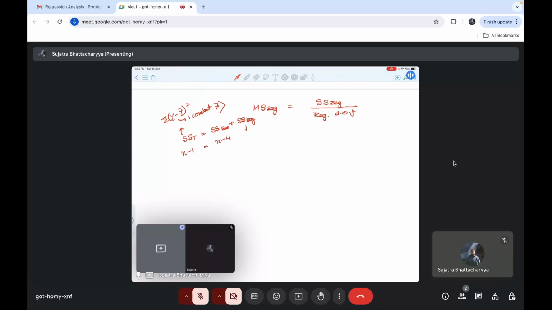Then what will be the degrees of freedom of SS regression? We know that degrees of freedom can be added, so you can easily calculate this. So this n cancels out, 4 goes this side, so d will be equal to 3, right? Because 4 minus 1 will be 3. So degrees of freedom for SS regression will be 3. Correct? So this is done.